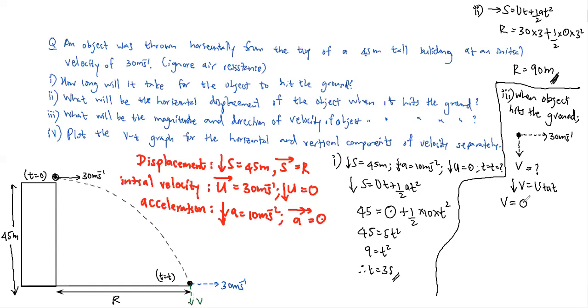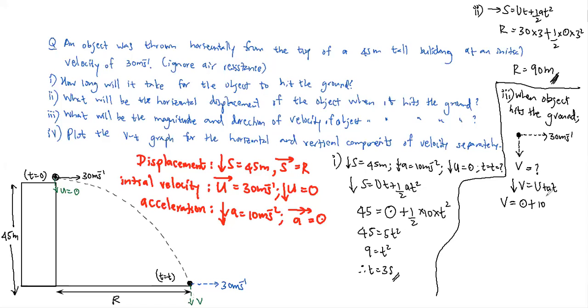It's going to be 0, because the initial downward velocity component of the object, we know, will be 0, right? And for acceleration, what should I substitute, guys? For a, what should I substitute? 10.